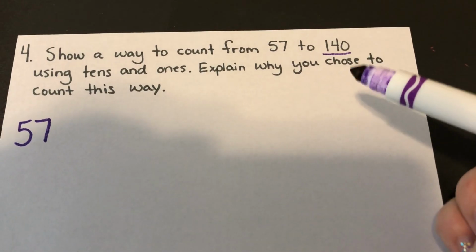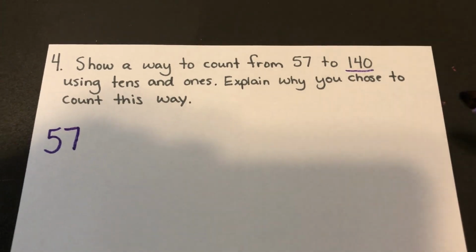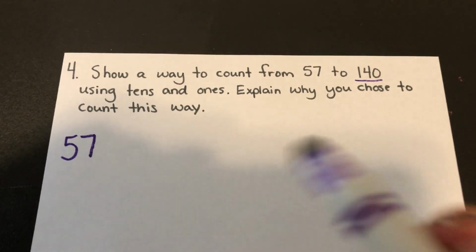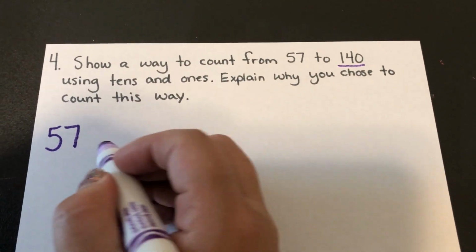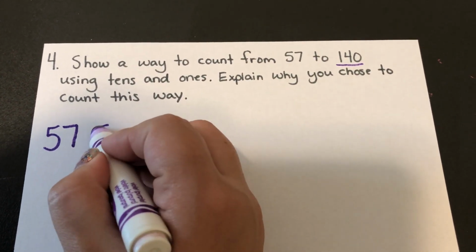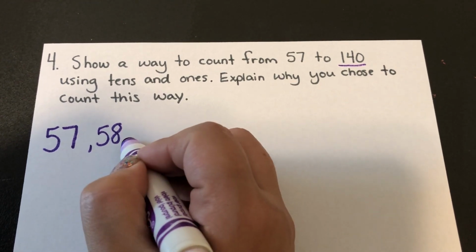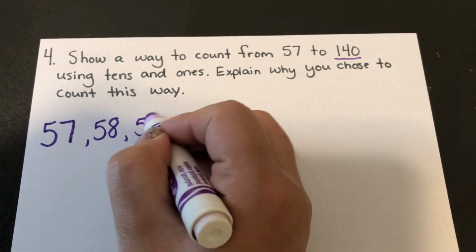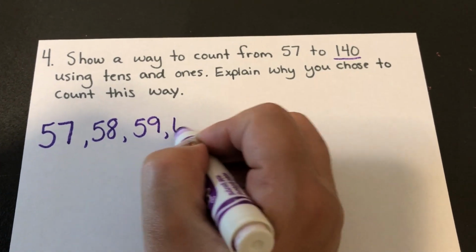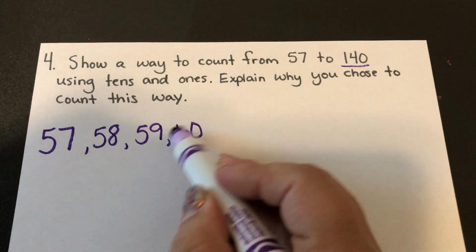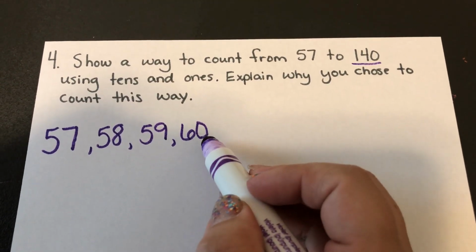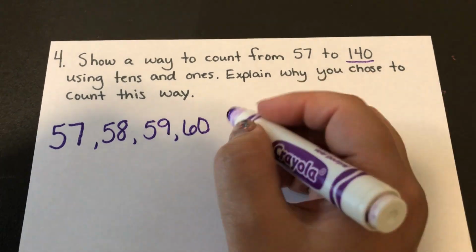So I'm going to start counting by ones until I get to a multiple of 10. So 57 plus 1 more is 58, plus 1 more is 59, plus 1 more is 60. And now that I'm at a multiple of 10, I'm going to start adding tens.